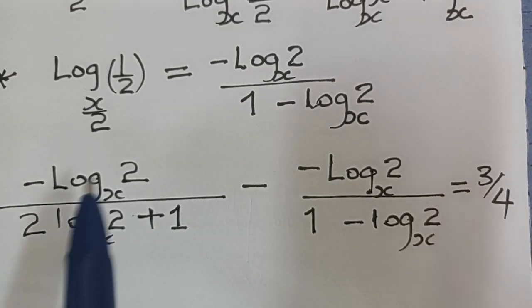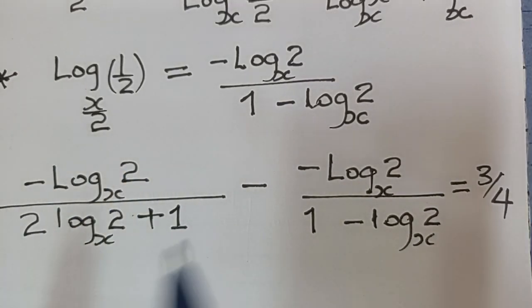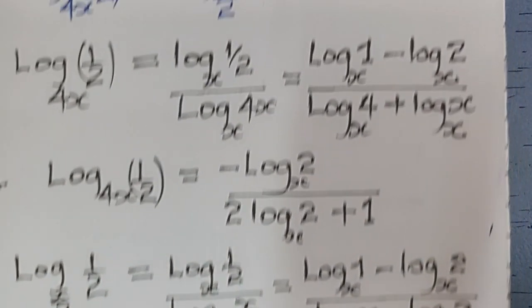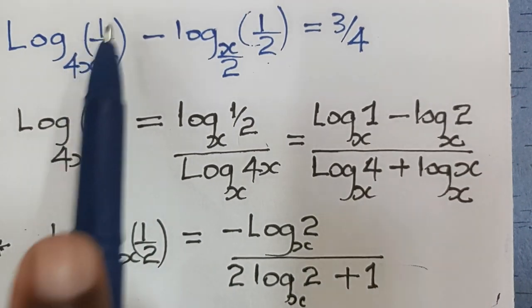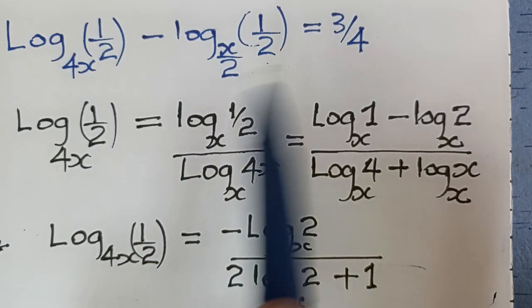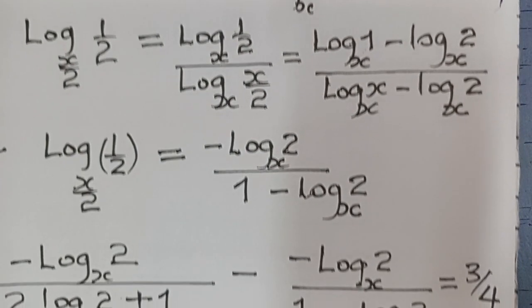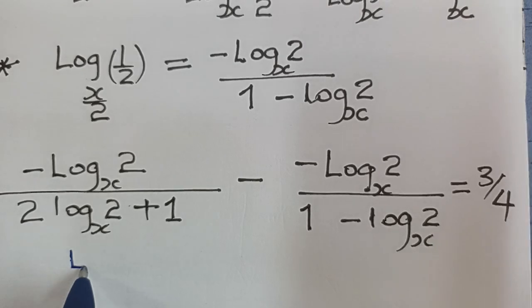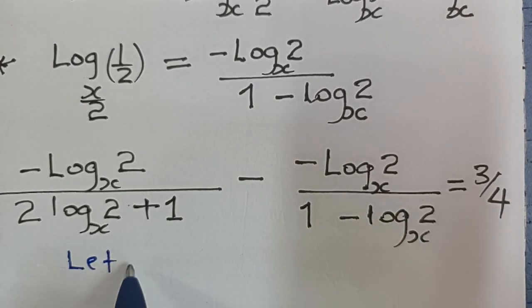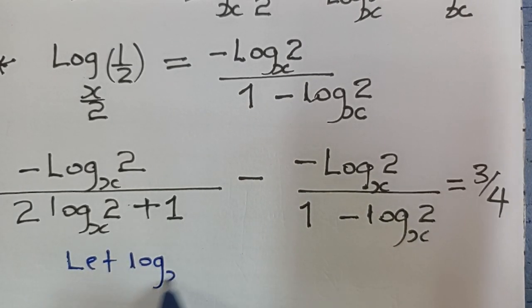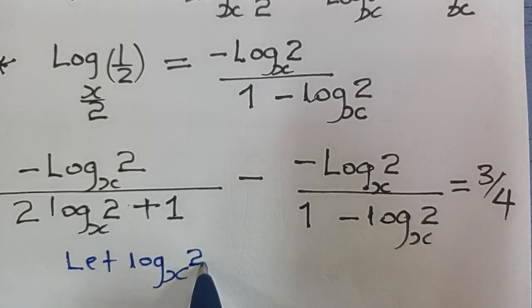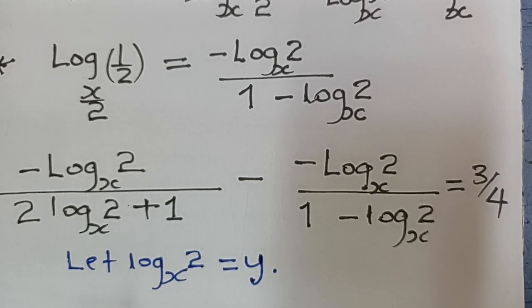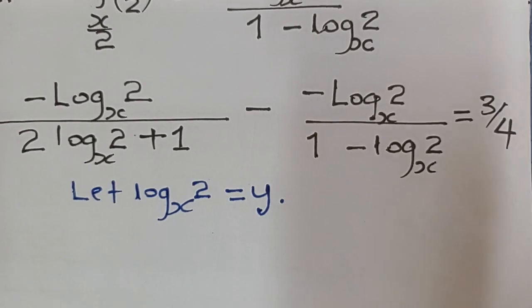And so therefore, guys, this is our first term. Then we subtract our second term, even as it is written right here, as you can see. The first term minus the second term. And this one, guys, gives us 3/4. Guys, we can say let log 2 to base x be equal to y. And then, guys, we can now replace by y.